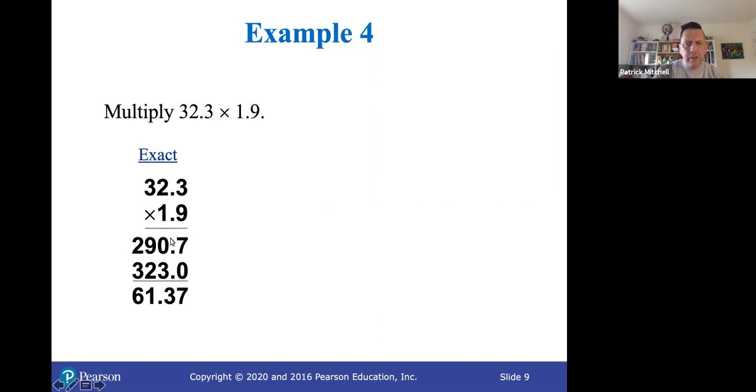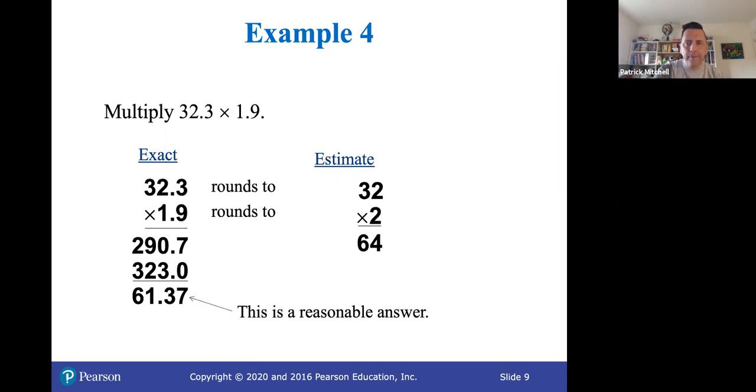These don't really mean anything. I would just leave those out. Okay, so the nearest whole number to 32 and 3/10 is 32. The nearest whole number to 1 and 9/10 is 2. So the estimated product would be 64, which is pretty close to 61 and 37 hundredths. So that is a reasonable answer.